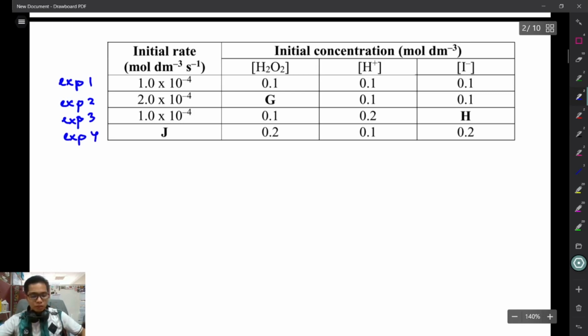Since only experiment 1 has all the values, we are going to use experiment 1 to compare with experiments 2, 3, and 4.